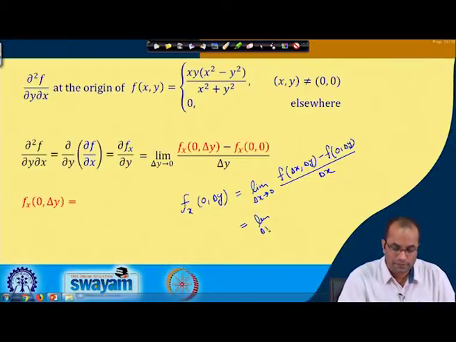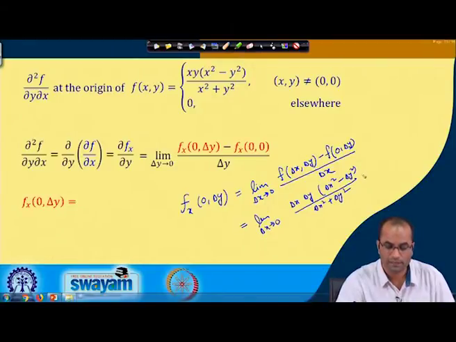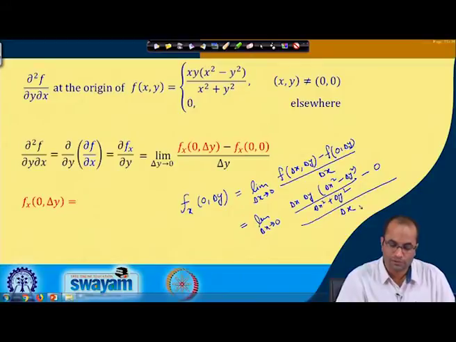So, here the limit delta x goes to 0, and this will be again delta x delta y, and this term (delta x square minus delta y square) divided by (delta x square plus delta y square), minus that will become 0, and then we have delta x here. So, in this case this delta x and delta x will be cancelled, and we are taking the limit delta x goes to 0.